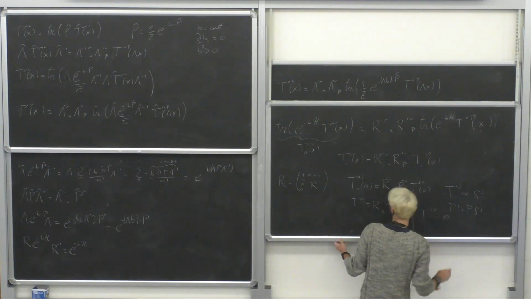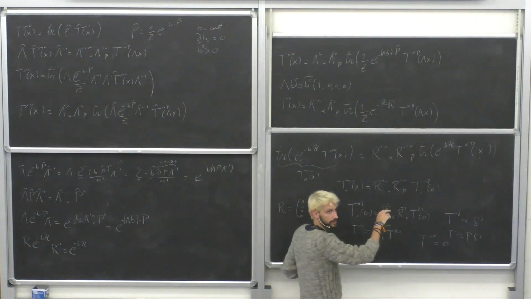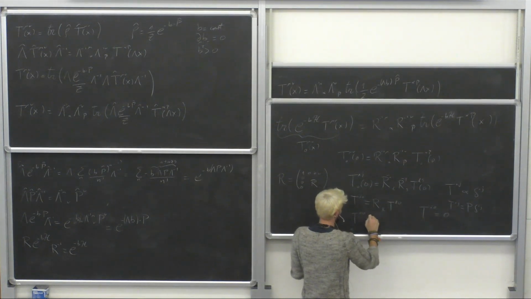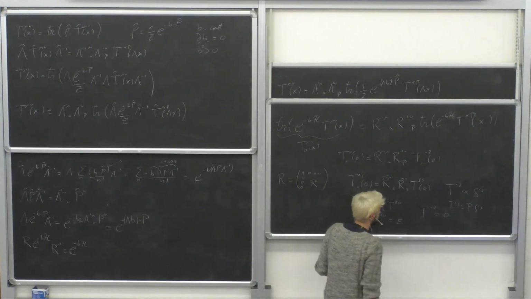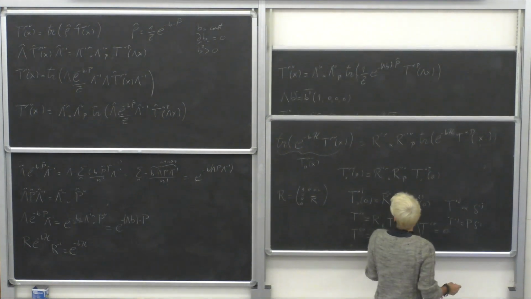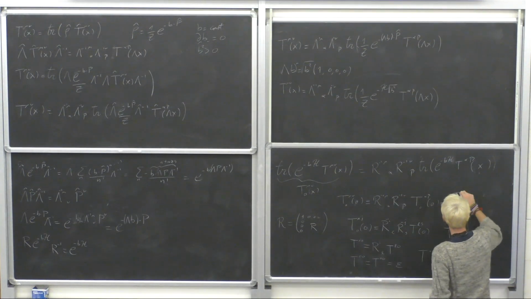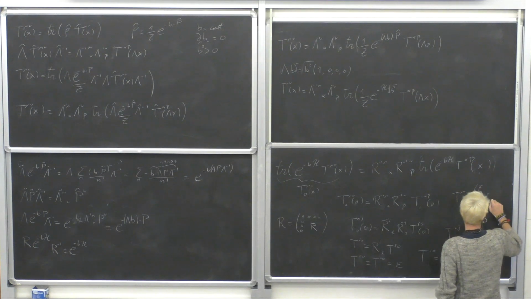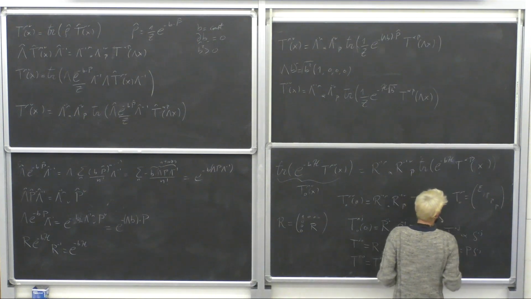And finally, since the 0,0 element of the rotations is just 1, we get not much information on T^{00}, and we call this the energy density. So basically, this means that in this rest frame, our T^{μν} looks like this: epsilon, P, and the rest is 0.